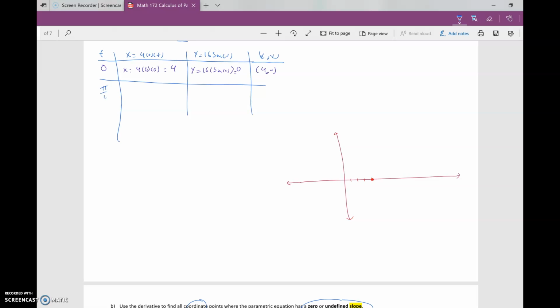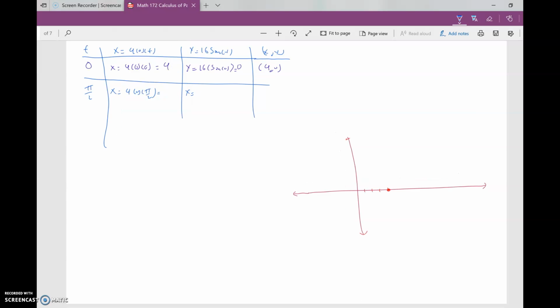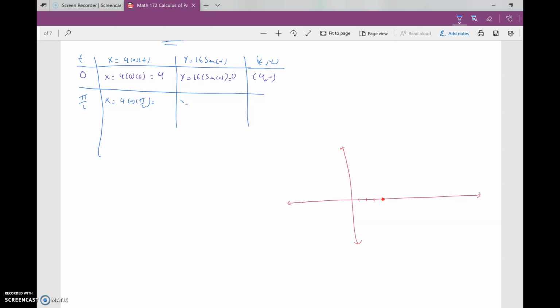So x is equal to 4 cosine of pi over 2. And then y is equal to 16 sine of pi over 2. So we're going to end up with technically 0, and this will be 16.